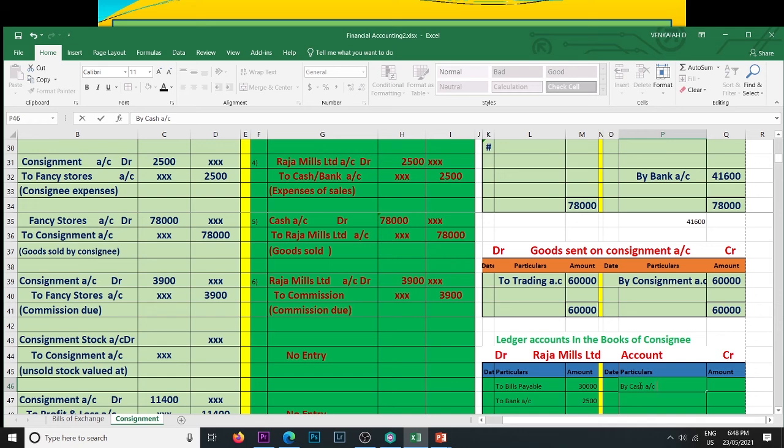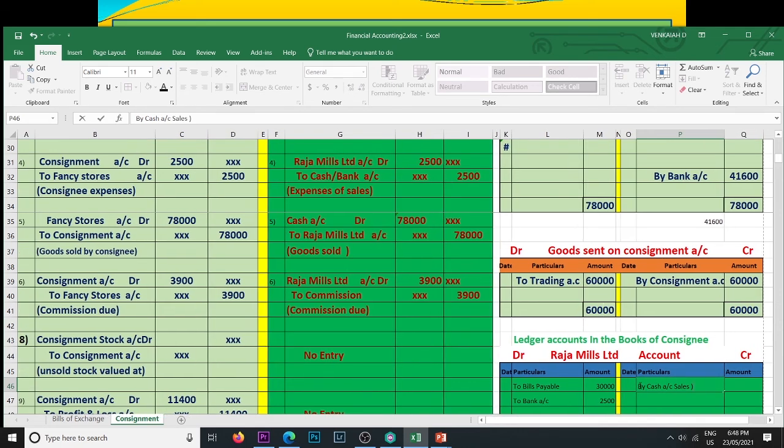It's for sales. Okay, for understanding purpose I am keeping it in brackets. Amount is 78,000. So Raja Mills Limited account debit to commission account.